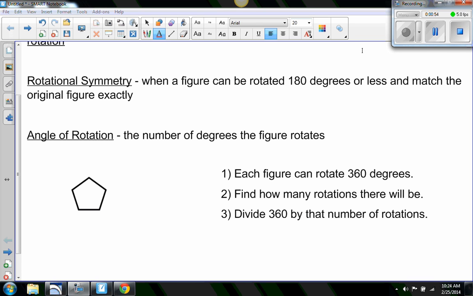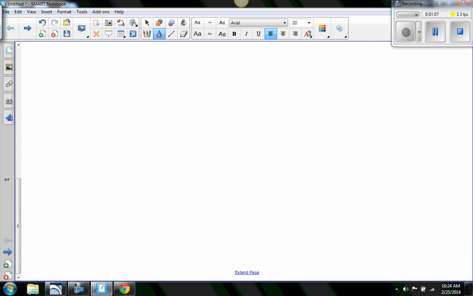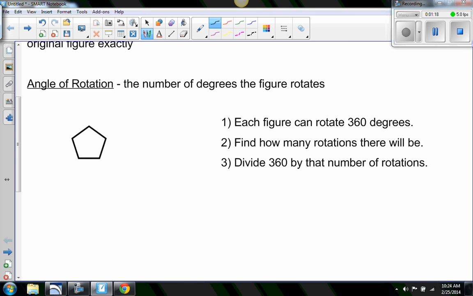So there are three basic steps that we're going to use to be able to figure out how many degrees something rotates. And so for this pentagon that I have right here, you have to figure out how many times it can rotate and look exactly like the first figure that it started as.